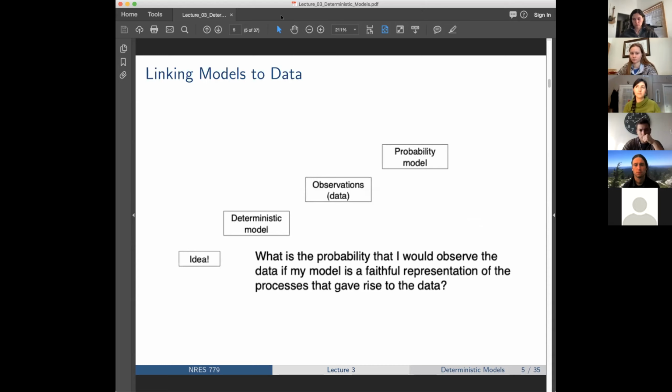All right, so how do we actually link our deterministic models to data? Well, we start out with our idea, and in the case with logistic growth, the idea was we have some population that doesn't increase exponentially through time, and that there should be some limitation based on resources. And then when that limitation starts to be hit, the population starts to not decrease, but increase slower.